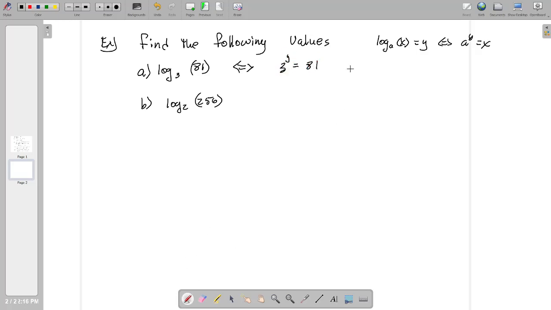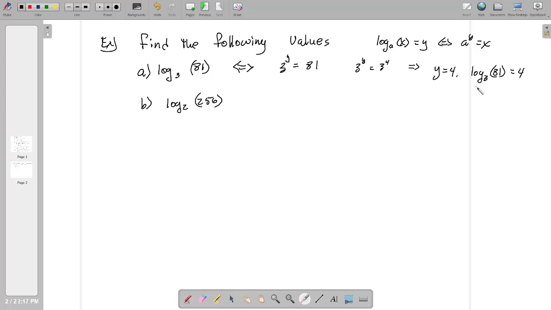That exponent is 4. And we can rewrite this as 3 to the y equals 3 to the 4th. And since an exponential is a one-to-one function, it's always increasing. 3 to the y equals 3 to the 4th means y is equal to 4. Now this means that we can say log base 3 of 81 is equal to 4.